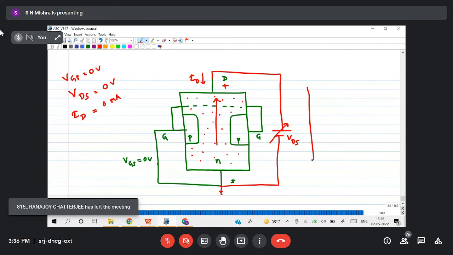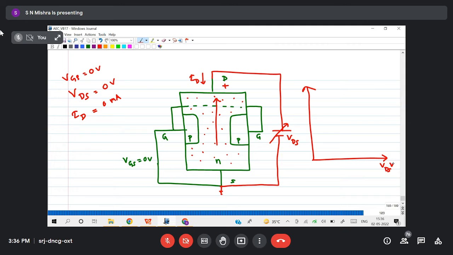If I try to draw the characteristic here, output voltage VDS versus output current ID: when VDS is 0, I'm getting 0 current. Now when I increase VDS from 0 to higher voltage, the current increases linearly. Am I clear? Yes, sir. If we increase more and more voltage, then more and more carriers will move from source to drain, so current will increase linearly.